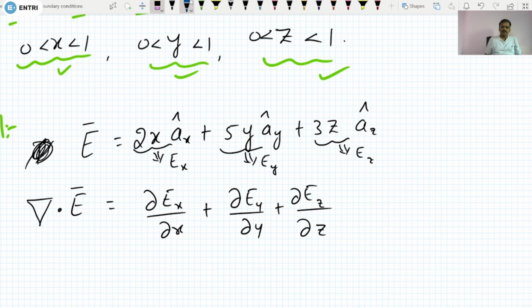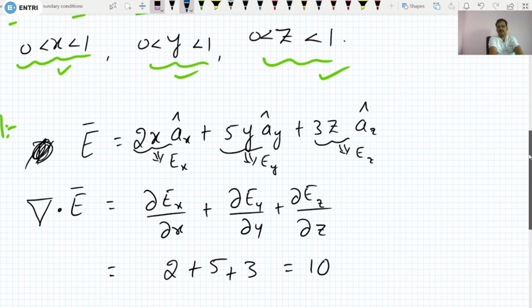Ex is 2x, and its differentiation is 2, plus the differentiation of 5y is 5, plus the differentiation of 3z is 3. So this is equivalent to 10, the value of divergence of E bar.